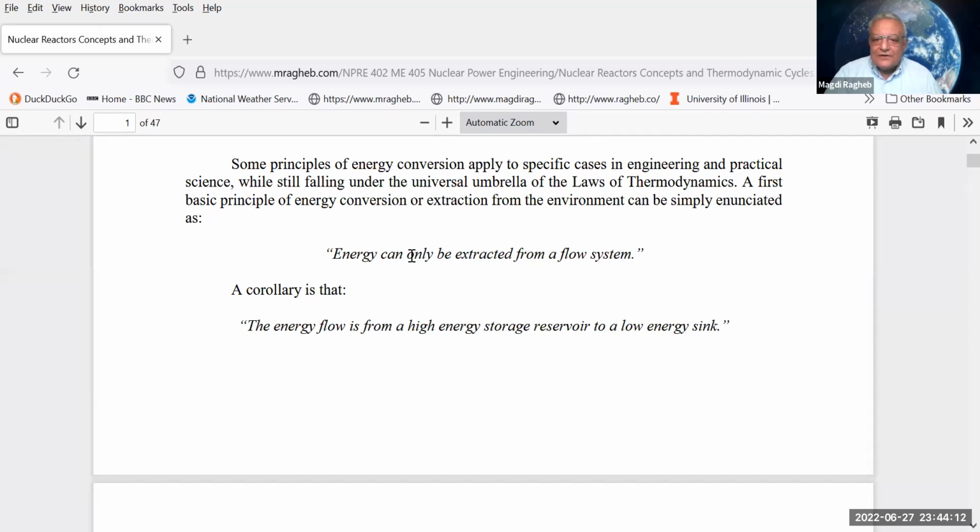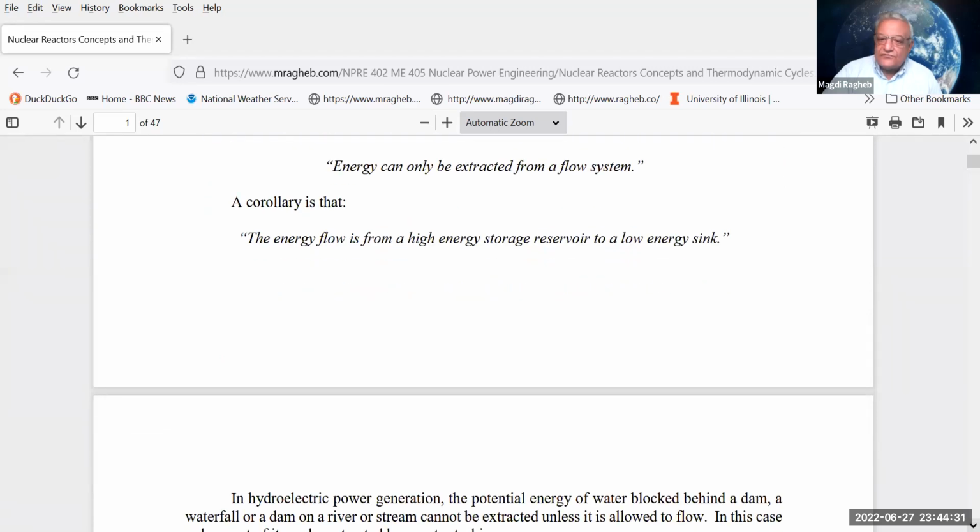So that's a corollary to the first principle of energy can be extracted from a flow system, and only a flow system. And in that case, we need to have a high energy reservoir and a low energy sink.